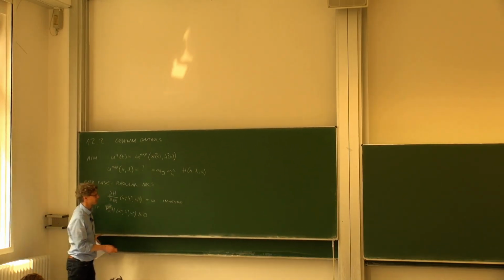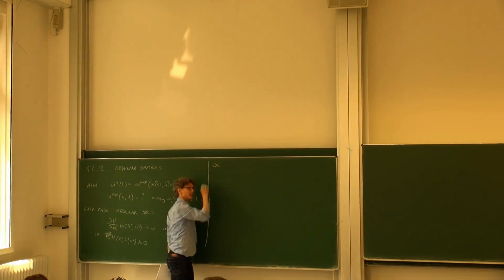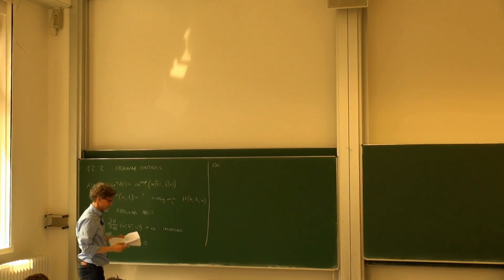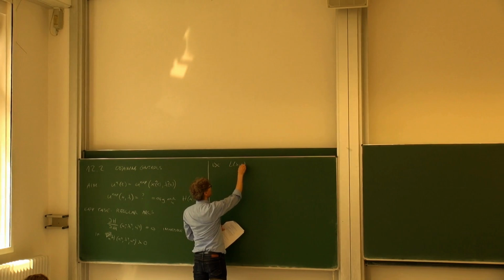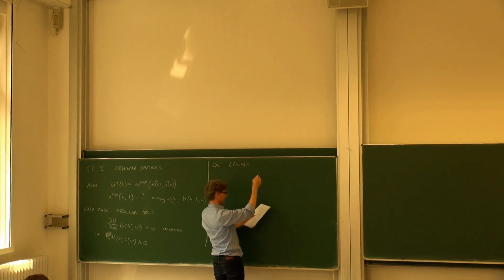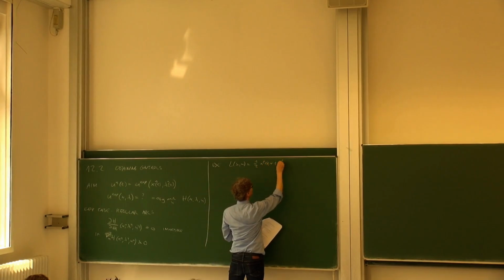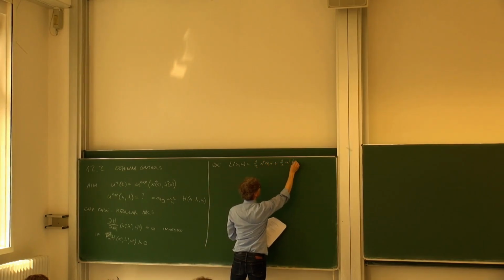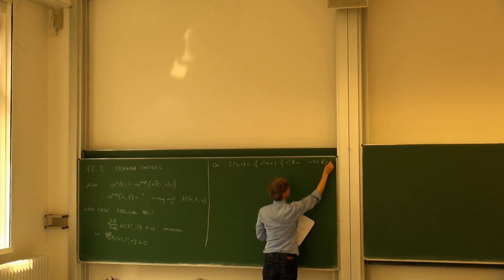So let me just give you one example where this is definitely the case, and that's the example of the linear quadratic regulator. Let me choose L of x and u being 1/2 x transpose Qx plus 1/2 u transpose Ru, and I will choose R positive definite.